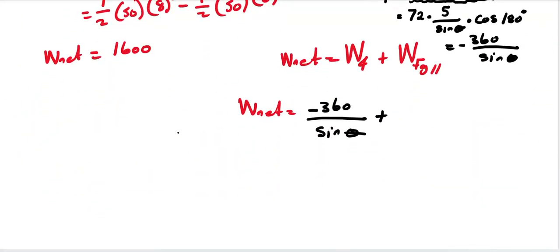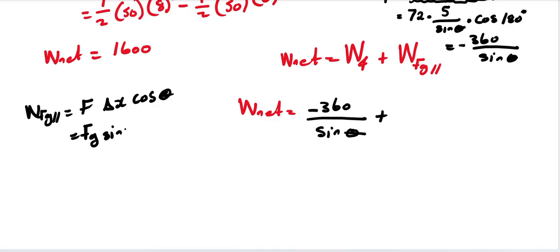Work done by FG parallel is equal to force times change in x times cos of theta. What's your force? Your force is FG sine theta.